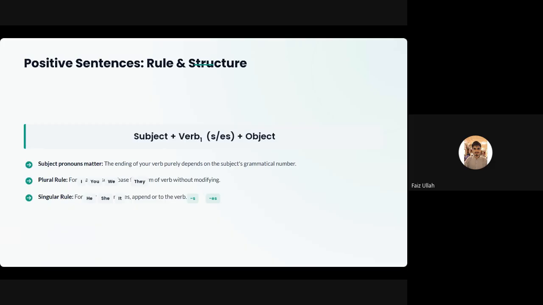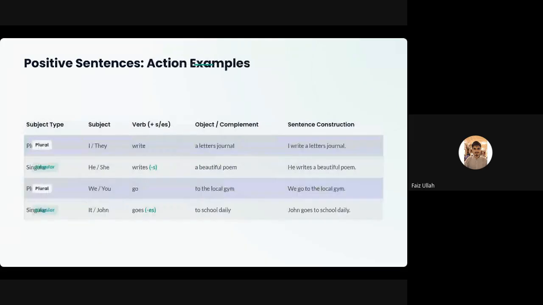I'm quickly revising it because you already know about these things, and we have already studied them in the previous classes. You can see in this slide, the structure is the same. If it is plural, like I, we, you, they, we only use the first form of the verb. The example is, I write a letter to a journal. Similarly, if it is singular like he or she, we will use S or ES with the first form of the verb.